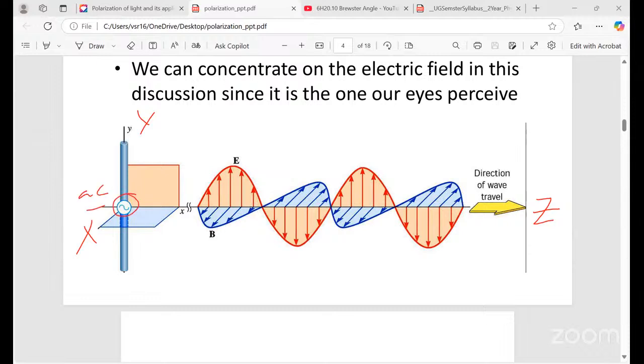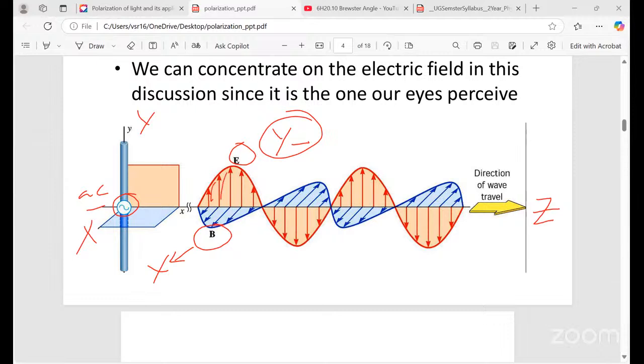So here you can see the component of the electric field is vibrating along the y direction, whereas the component of the magnetic field is vibrating along the x direction. Could you see that here?